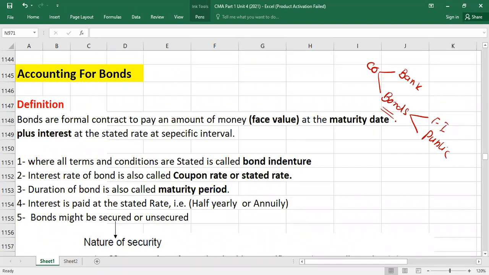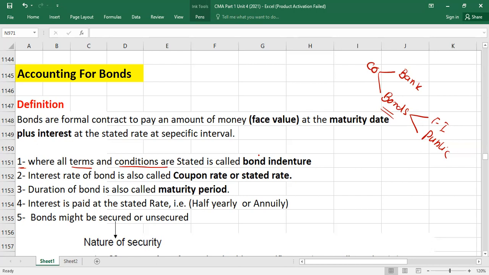Let's first understand what bonds are, what features there are, and then we will move to the accounting side. Let me explain these points first, then I will tell you the definition. Bonds are a kind of certificate issued by a company, and on this certificate all terms and conditions are stated.